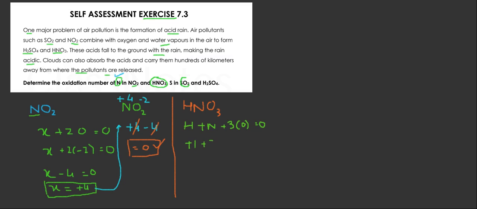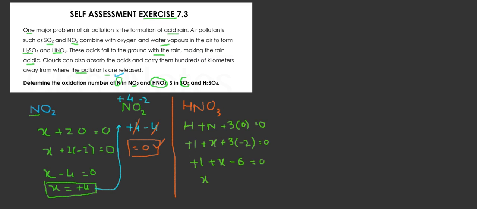Nitrogen you have to find out, and for oxygen the oxidation state is equal to -2, and as a whole it is equal to 0. So solve this equation. You will get +1 plus x, 3 multiplied by -2, you will get -6, and as a whole it is equal to 0.